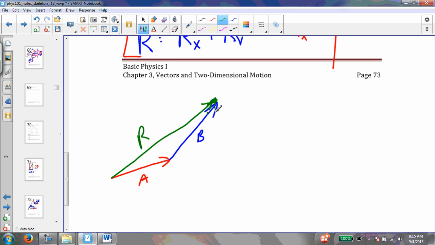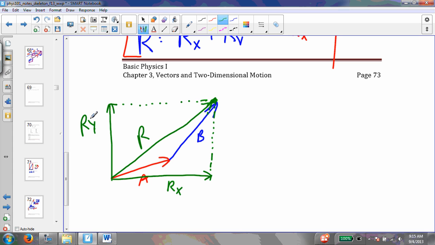R comes up here. R has an X component, and that X component comes over here. So this is Rx. But then R also has a Y component. And it looks like this.